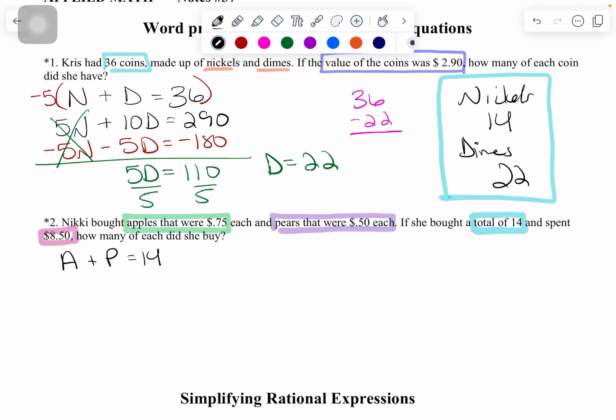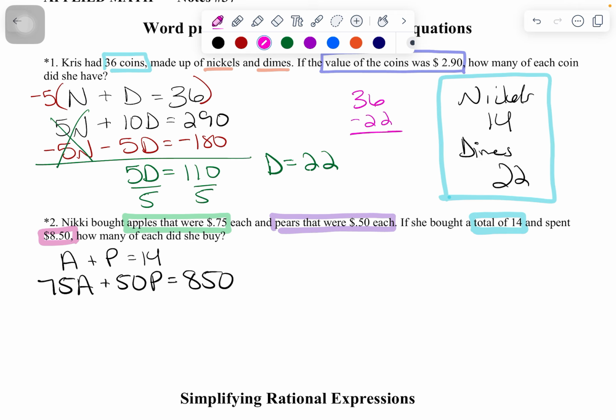Each of those apples has a value of 75 cents, each of the pears has a value of 50 cents, and we spent a total of $8.50. But because I'm not using 0.75 and 0.50, I want to turn that $8.50 into cents. So $8.50 would be 850 pennies.